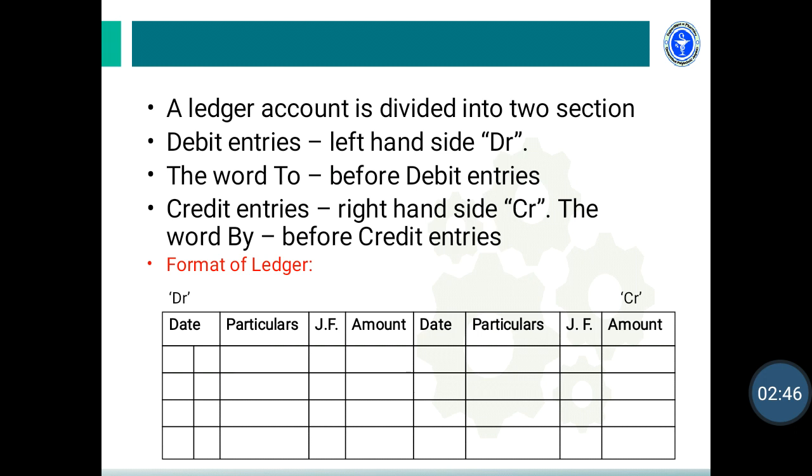The third is the page number of the book of original entry, that is JF, the page number of the journal, and the last column is the amount involved in the transaction. So in this way, 4 columns on each side are generally observed in a ledger. The format of a ledger is similar to the format of a single column cash book.